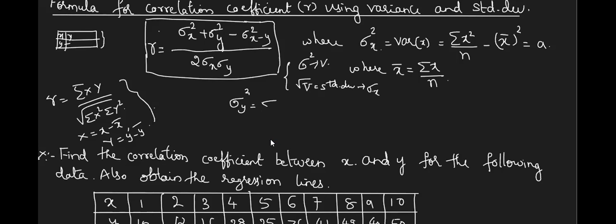Summation y square upon n minus y bar square, where the division by n applies only to the first term. Now one more thing: you have x minus y, so take sigma square of x minus y as sigma square z. What is z? Z is x minus y. The x values and y values will be given, so prepare one more column for x minus y. That is my z.